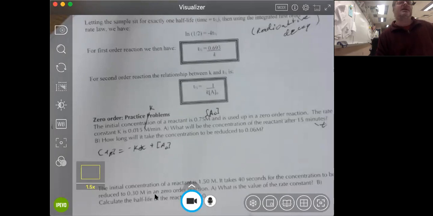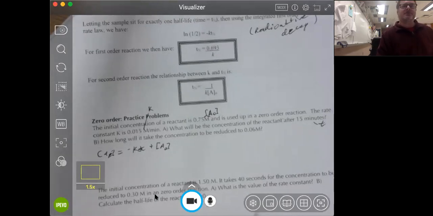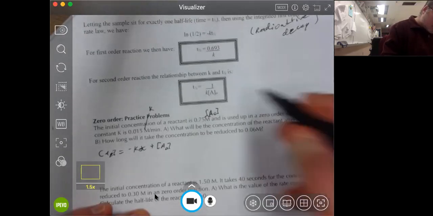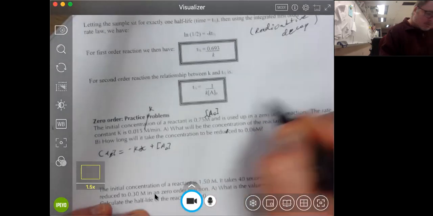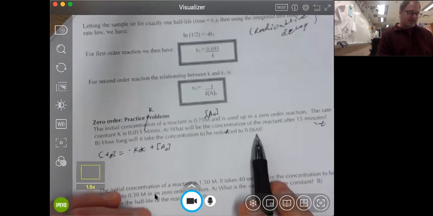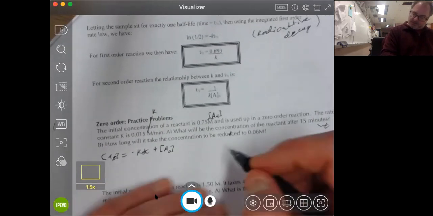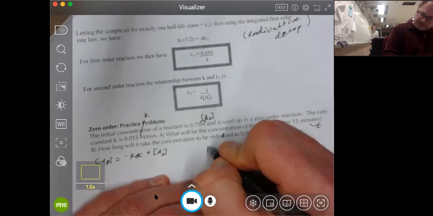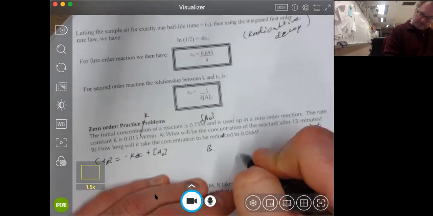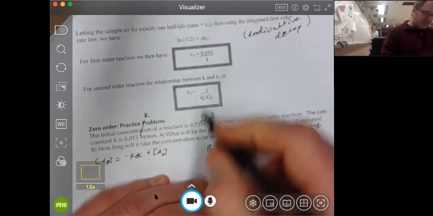How long will it take the concentration to be reduced to 0.06 molar? So then instead we would have to rearrange this equation. We have the K, we want the time.